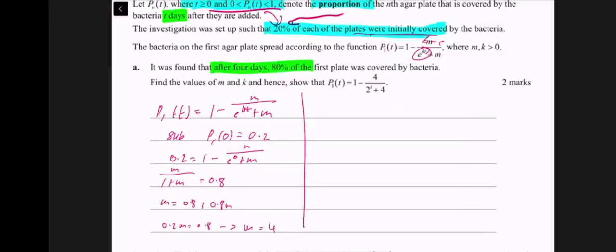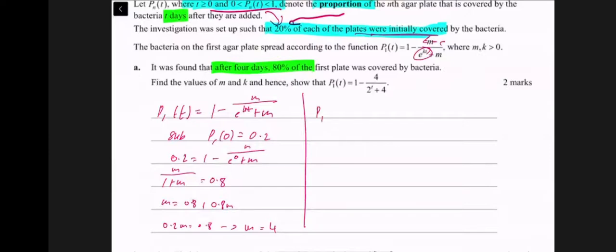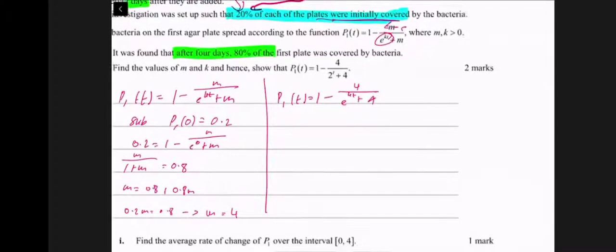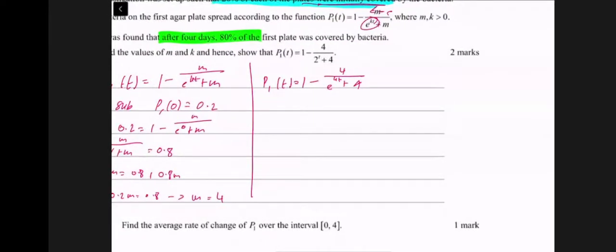So now that you have m is 4, even though it's to show that, you can use that because you've already proved that. So now you can rewrite pt is 1 minus 4 over e to the kt plus 4. The other thing you want to show is that after 4 days, it's 80%, so 0.8. So then let P4 equal 0.8.